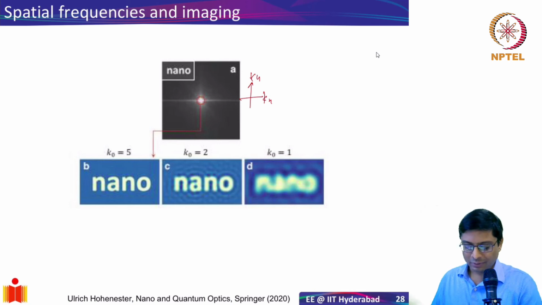Now, when you take this object, I'm defining this circle k naught as some arbitrary number, let's say 5. You take that and you reconstruct.